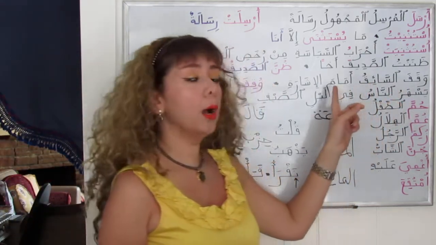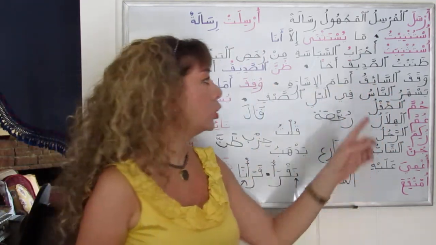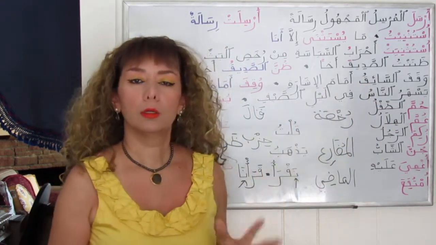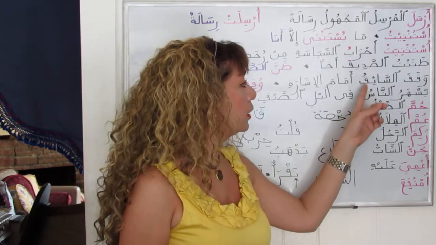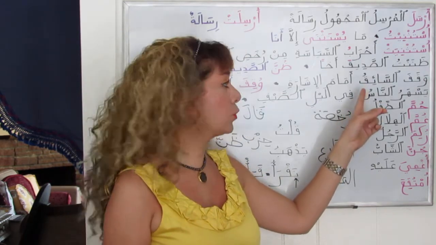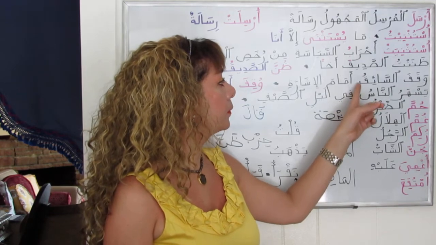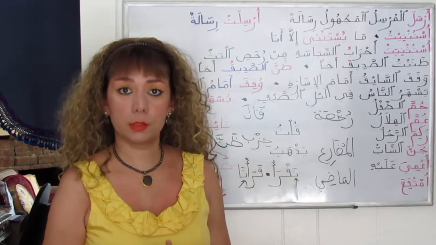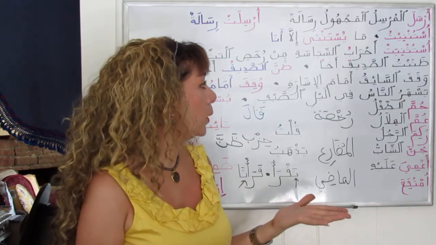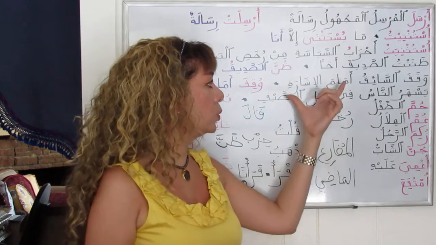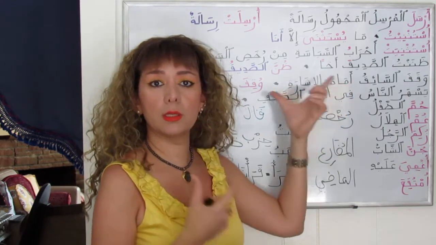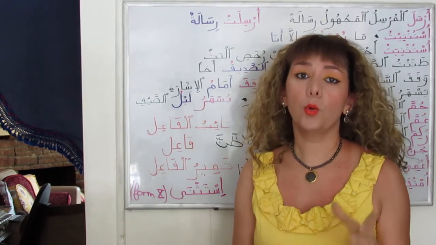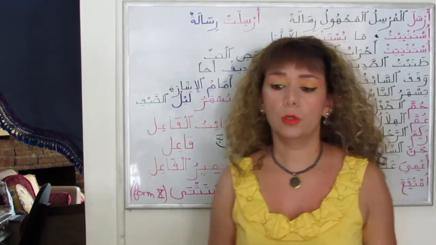وقف السائق أمام الإشارة. The driver stopped in front of the sign. Here the subject is followed by an adverbial clause. So we don't have any other choice but using this adverbial clause as نائب الفاعل, deputy, or the substitute of the doer.